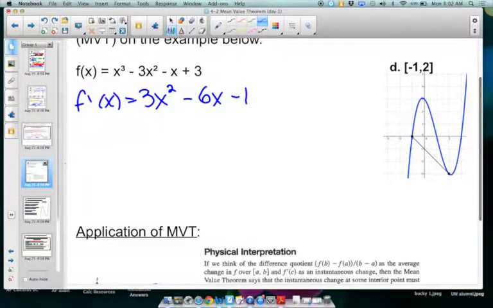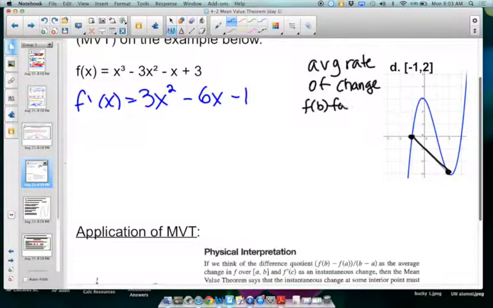Okay, now what is my average rate of change? What is my rise over run? Okay, my average rate of change, in other words, my rise over run, my f(b) minus f(a) over b minus a equals -1.